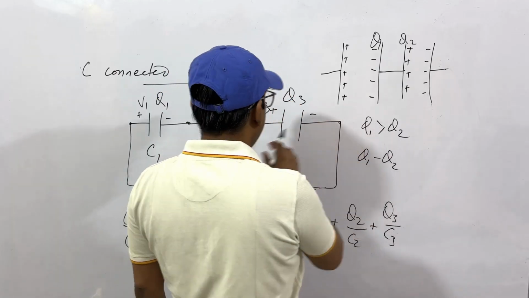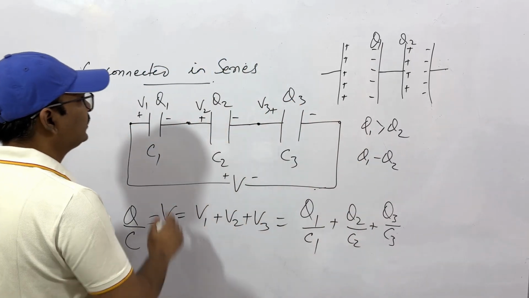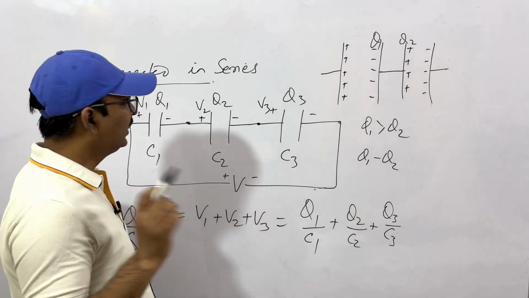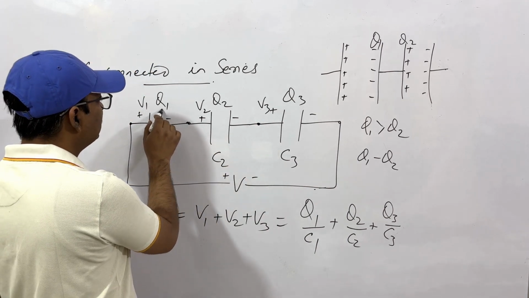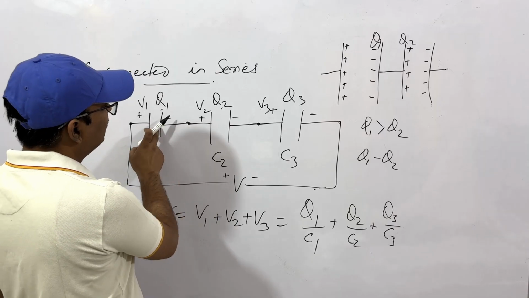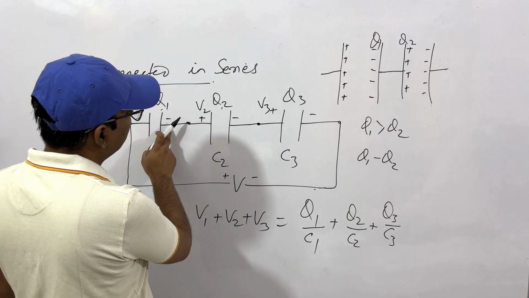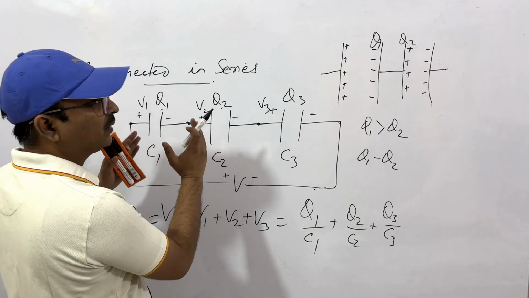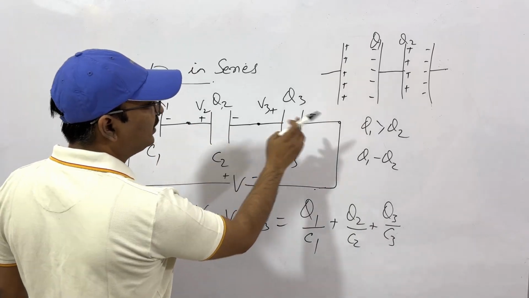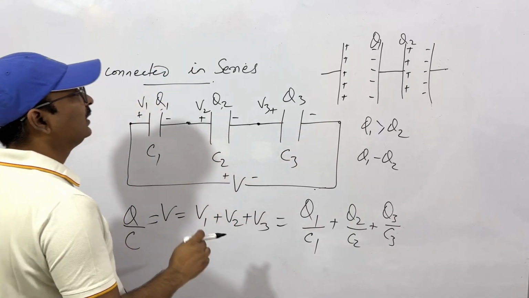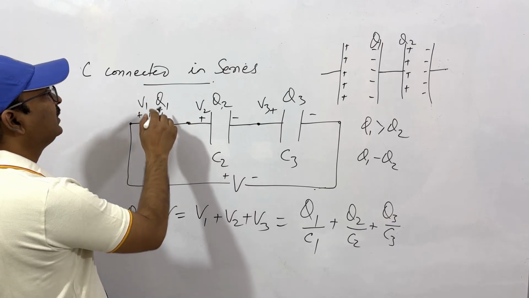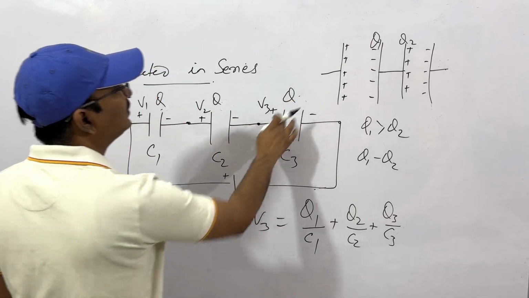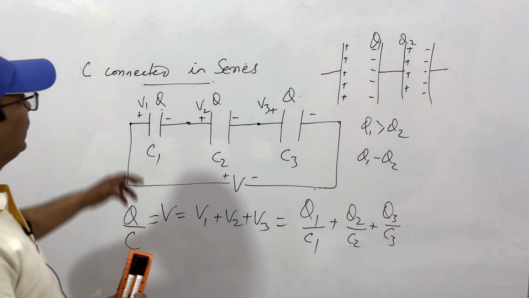That is, when the capacitors are connected in series, the charges on each of them will be equal. Why? Because if the charge on this is Q1 and this is Q2, if Q1 is greater, it will conduct. That is, charges will start flowing to this capacitor until the two become equal. This will repeat for every capacitor in series. That is to say that finally all charges will become equal to a certain value, let's say Q. Clear?